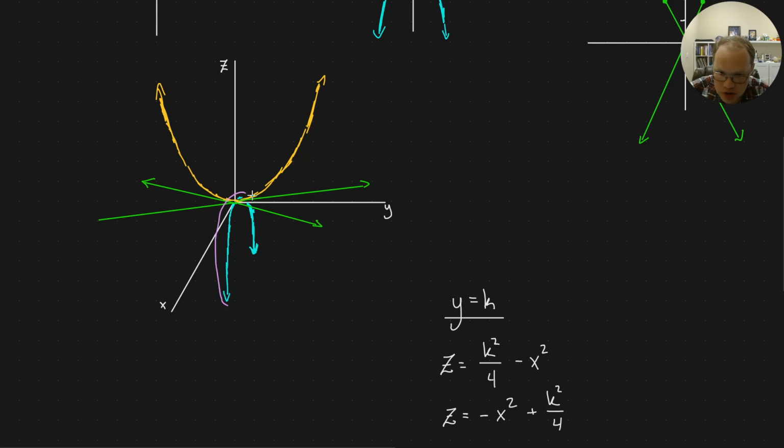So it's just like this parabola here, but as I go on the y, and you kind of want to hug what you already have, so I'm going to go this, this, this. As I go on the y, I go further and further up.